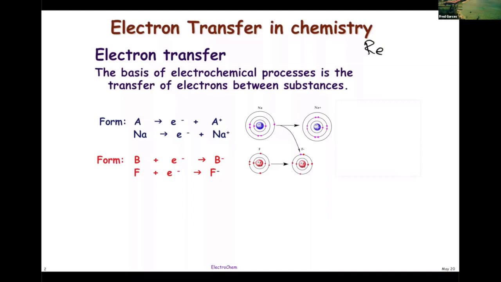Redox is short for reduction-oxidation, because you have electron transfer. The reduction simply tells you that you gain electrons. Oxidation simply tells you that you are losing electrons.